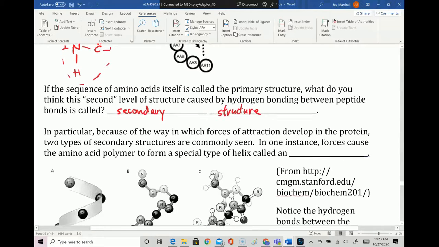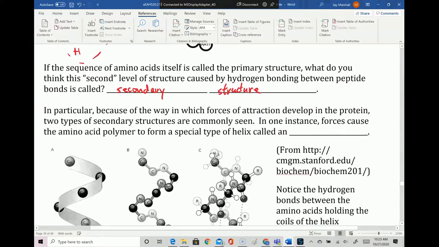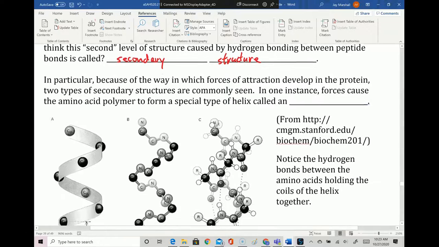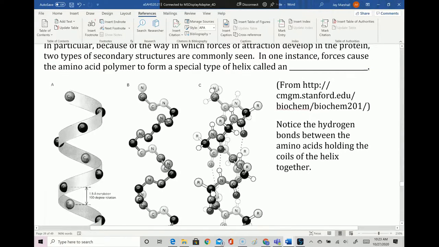Okay, the secondary structure. Because of the way in which the forces of attraction develop in the protein, two different types of secondary structures are seen. In one instance, forces cause the amino acid chain to form a special type of helix.